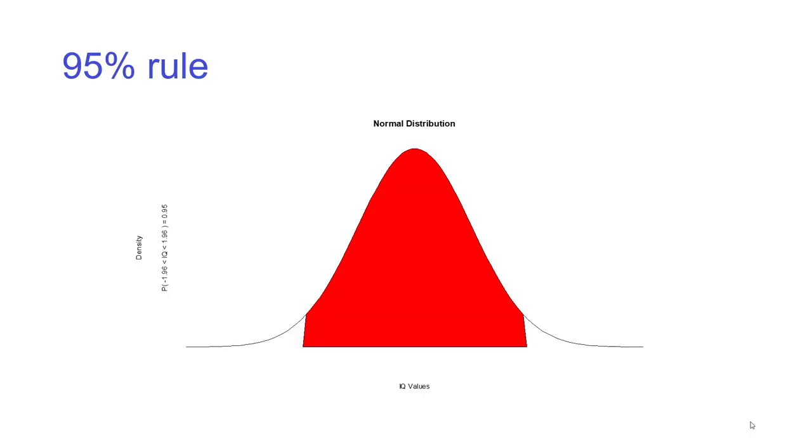They're in a region which marks 2.5% at either end. So this is 5%, the strangest values, the 5% of data that is furthest away from the mean value. These are likely to be outliers.